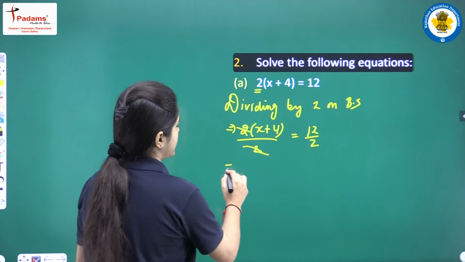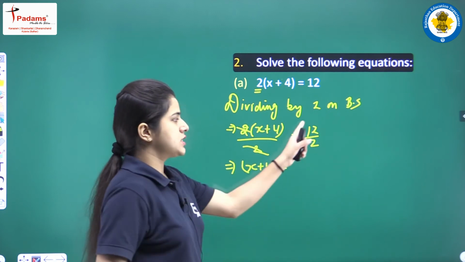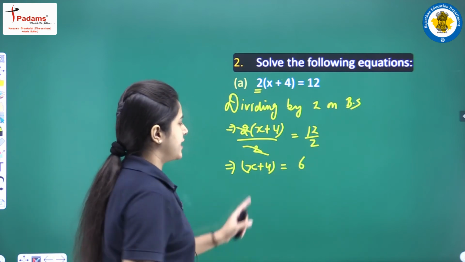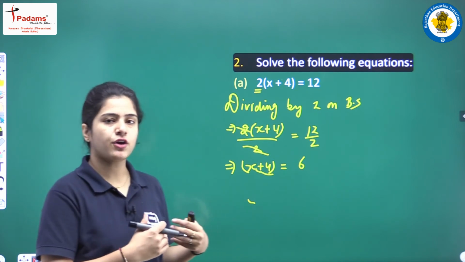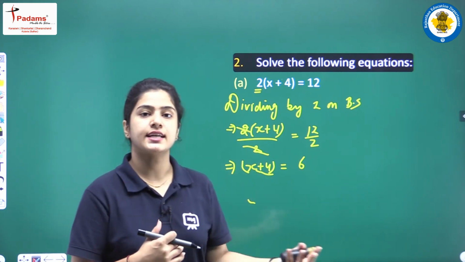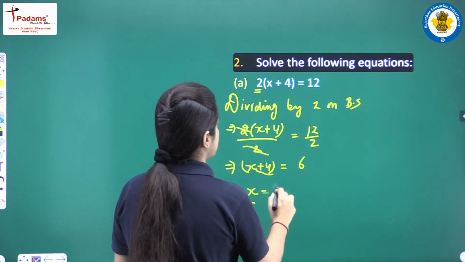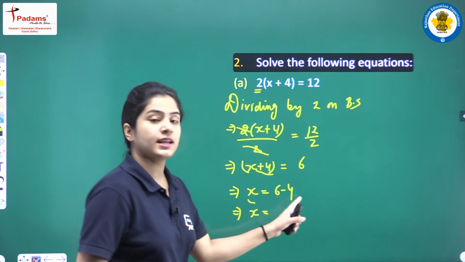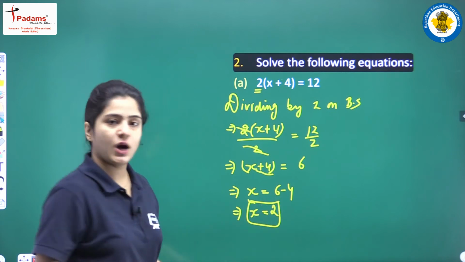So this is x plus 4, it is equal to 12 divided by 2, which is 6. Now this 4 is in addition with the variable, and if you transpose this 4 to the right hand side, it will become minus 4. So x is equal to 6 minus 4, which is 2. This is your answer. How easy is that?